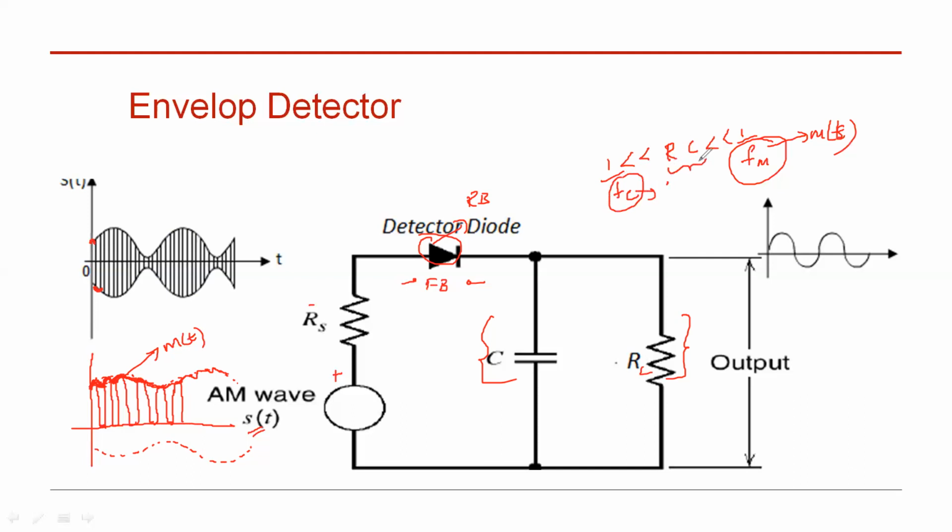So in order to ensure the fast charging and the slow discharging of the capacitor, we have to take the values of R and C such that it is in between 1 by Fc and 1 by Fm. I hope you have understood.